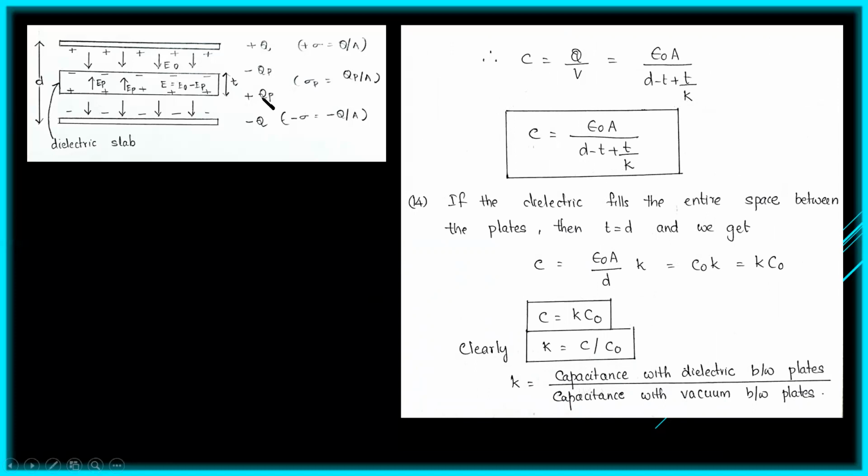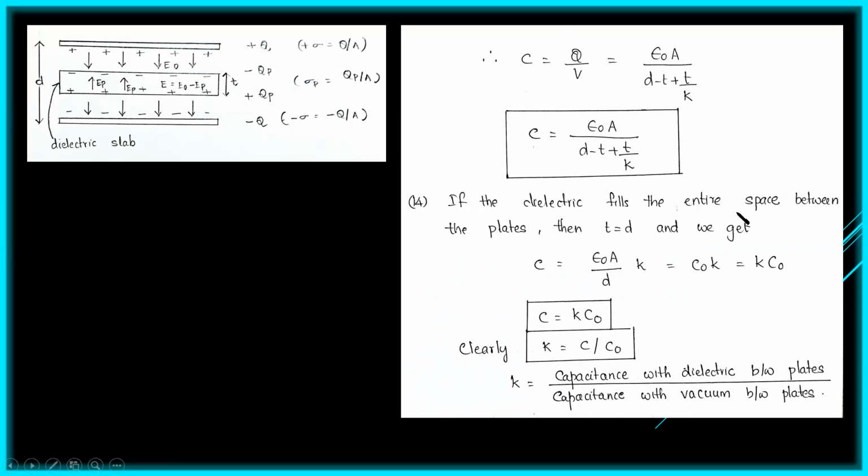So now this is our capacitor with the positive plate here, the negative plate here, and the dielectric in between the plates. When there is dielectric in between the plates, we got the capacitance C is equal to epsilon naught A by d minus t plus t by k.